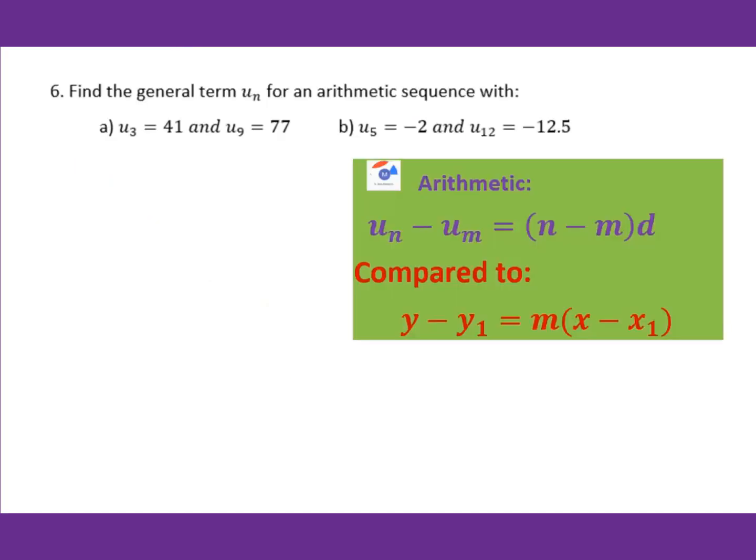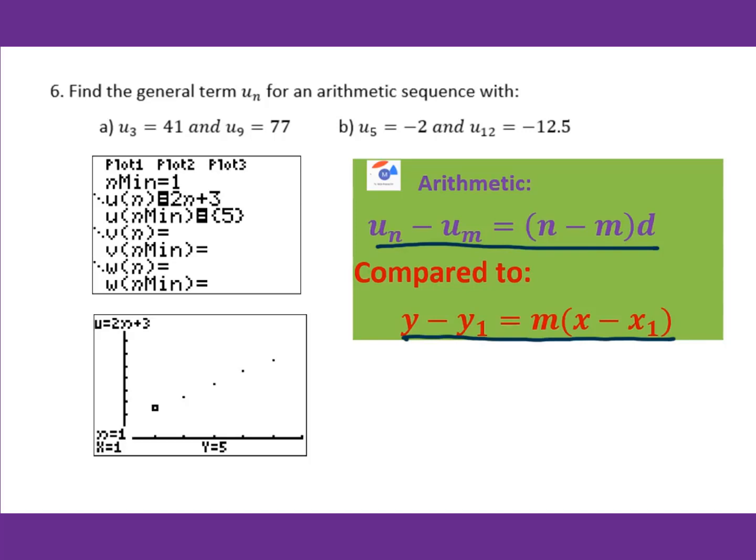For an arithmetic sequence, we have this formula. You can compare it to the point slope formula for a linear function. The graphing calculator can plot a sequence. You can put in the explicit formula and also the recursive formula.